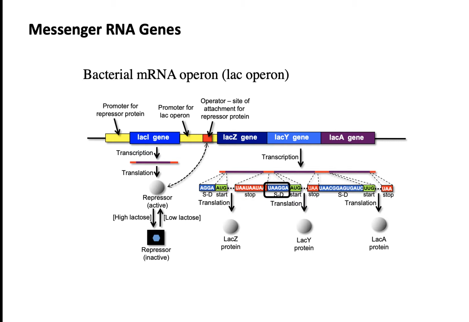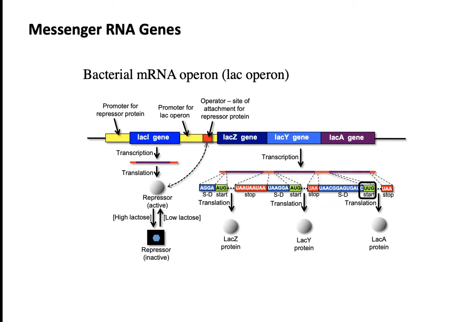And then further on, there's another Shine-Dalgarno sequence that attaches to the ribosomal RNA of the small subunit and starts translation of that second protein, or that second mRNA. There's an AUG start, and then eventually a UAA stop, so that produces the LacY protein. And then there's another Shine-Dalgarno sequence.